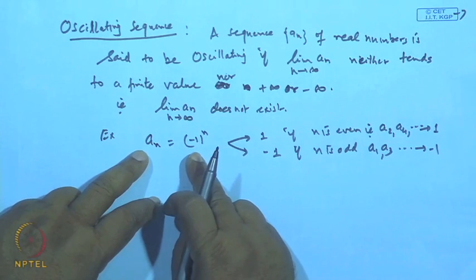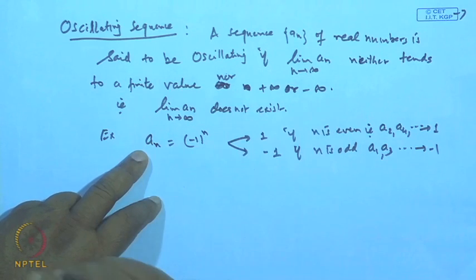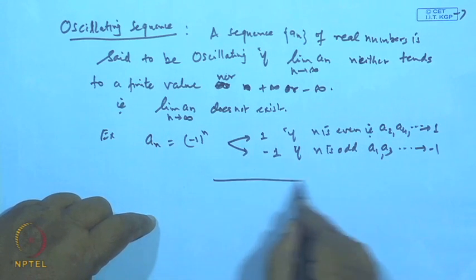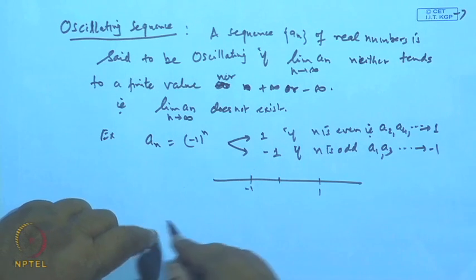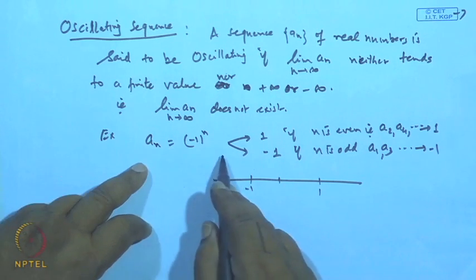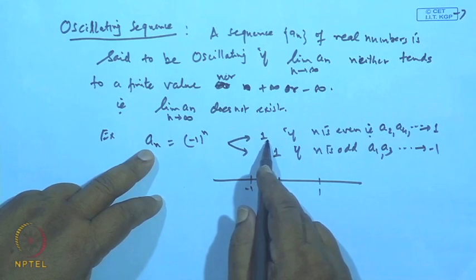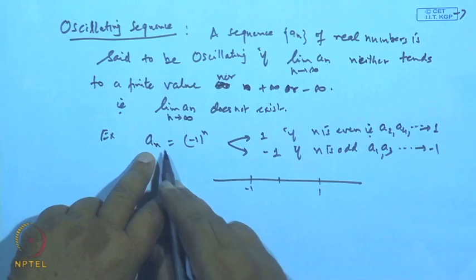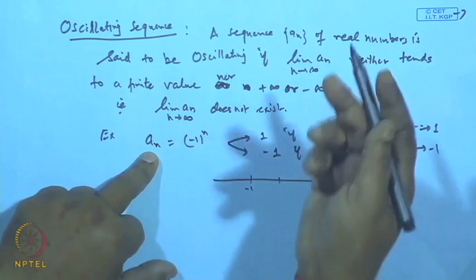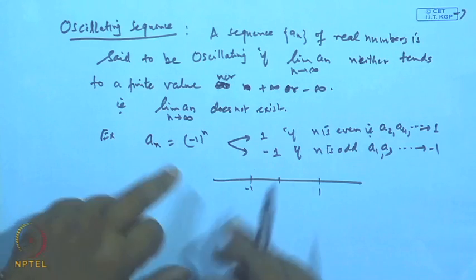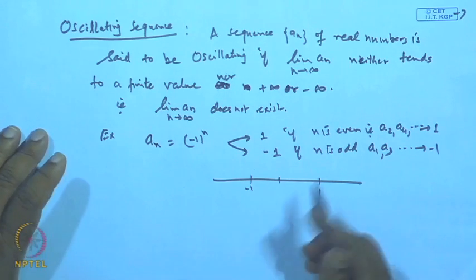So, the sequence when n tends to infinity does not tend to one value, because it fluctuates like this, minus 1 here and plus 1 here. Suppose I take 1 as the value, then a n minus 1 cannot be made smaller than epsilon, because as soon as n is odd, it will be minus 1. So, it does not have a finite limit.